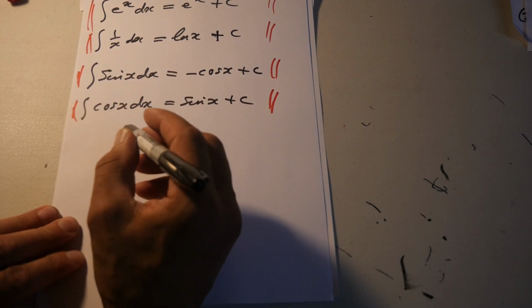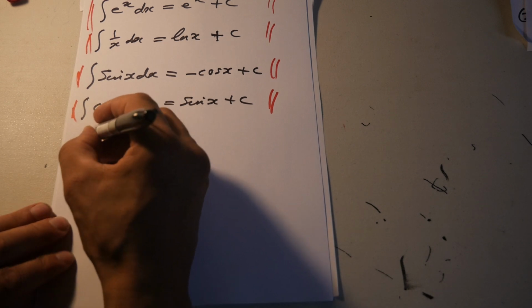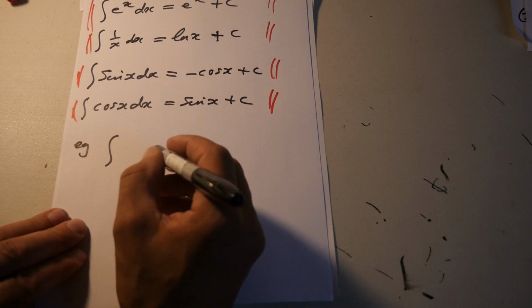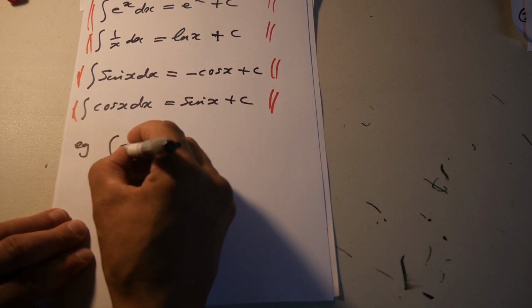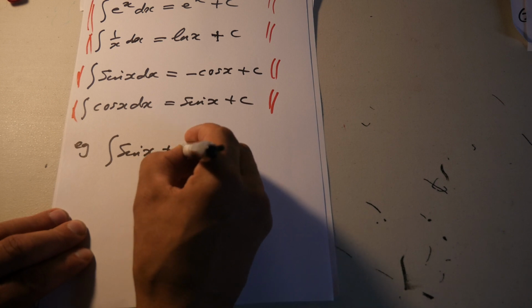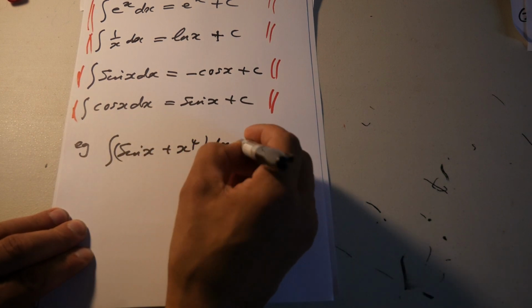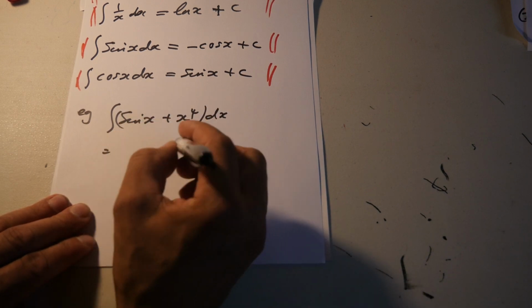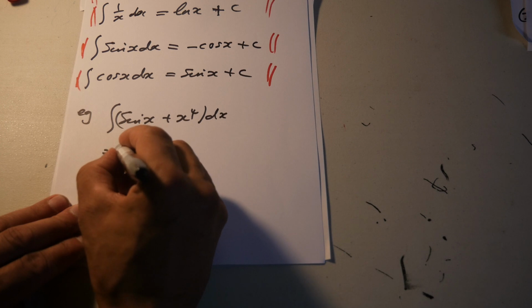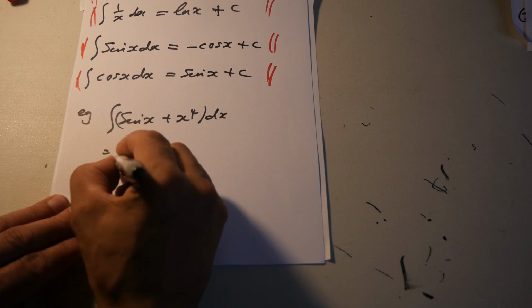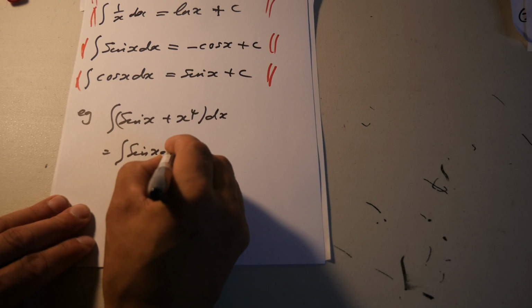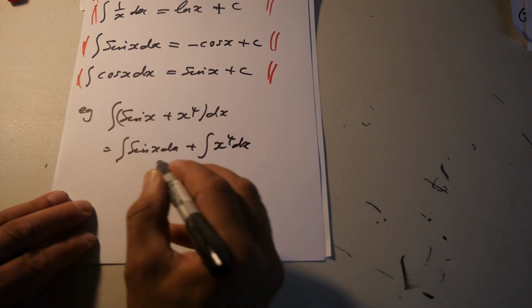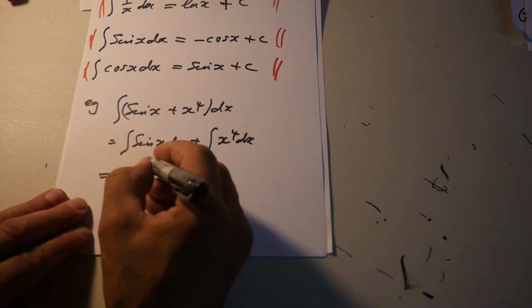So, an example of this being used: the integral of sine x plus x to the fourth dx. The integral of sine is minus cos x.